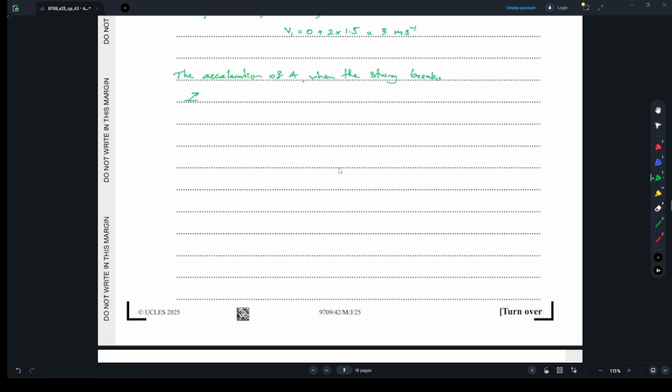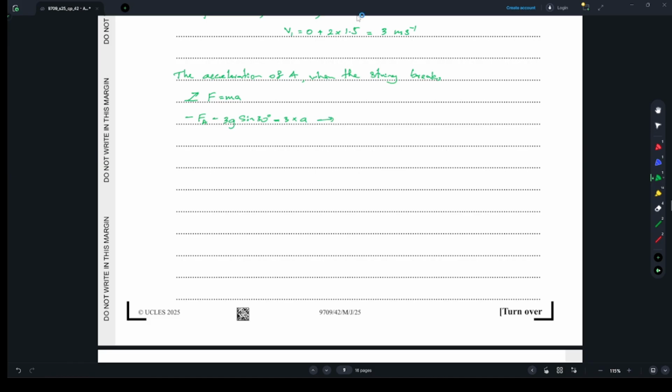So we can apply along the surface F equals ma, right? I applied upwards, so downwards we have the friction, right? Also minus the component of the weight, which is 3g sin 30, and the mass of particle A is 3, and the acceleration we don't know.